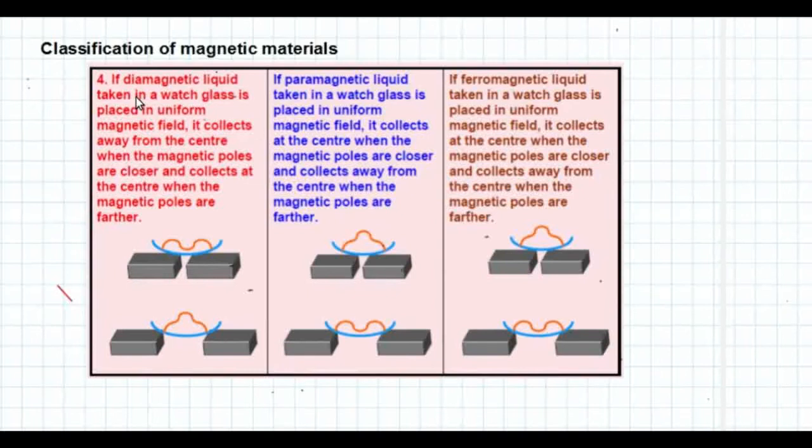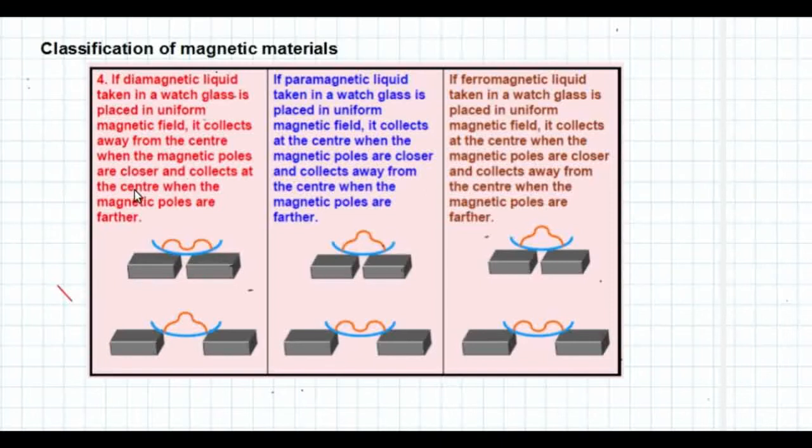If a diamagnetic liquid taken in a watch glass is placed in a uniform magnetic field, it collects away from the center when the magnetic poles are closer. That means when these two poles are closer, the liquid collects away like this.